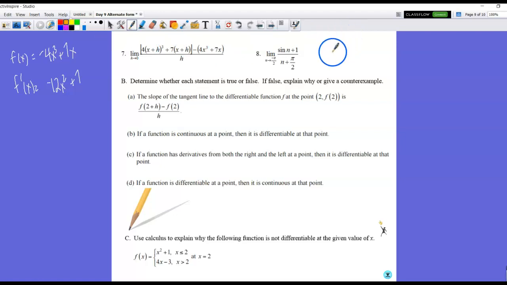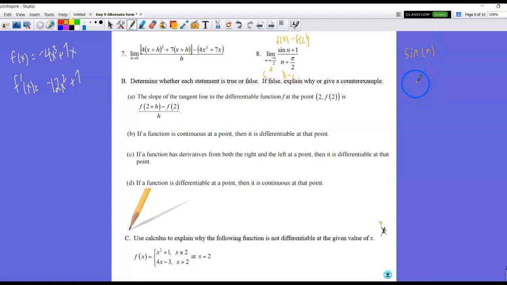In number 8, it looks like a point-specific derivative. In this case, n approaches, it looks like the c value is negative pi over 2. Looks like the function, so here's f of x minus f of c, over x minus c. So my function is sine, in this case n, they're using the variable n instead of x.